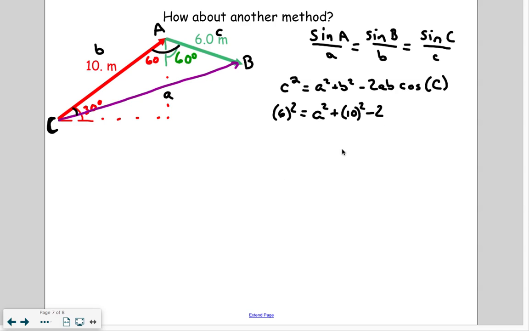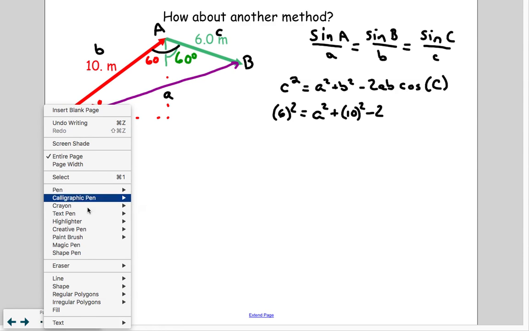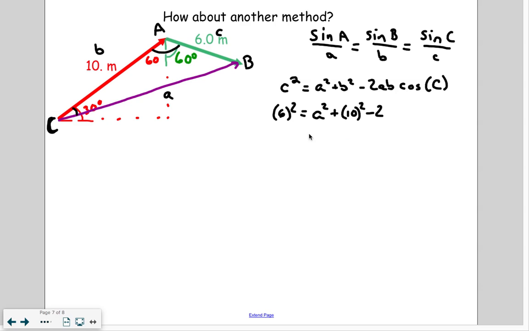Because I have two unknowns here. Okay, so instead, sorry, I started with the wrong one. We're actually going to use the law of sines first. Okay, let me go ahead and erase. That's what happens when you take a summer off.